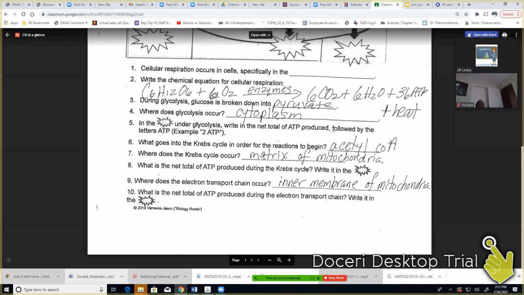Yeah, all of this inside of here is the matrix. This is like a mitochondria being cut down sideways so you can see the inside of it. Yeah, exactly, all that's your matrix.